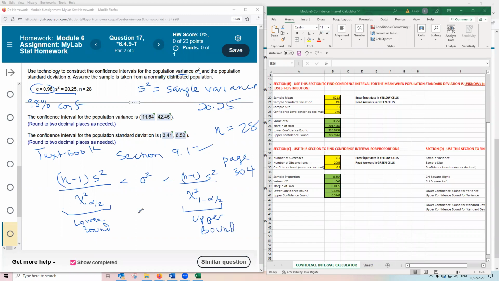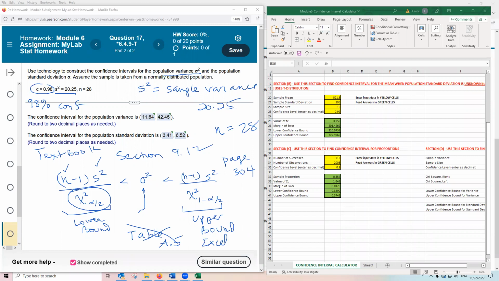And of course, the sigma squared in the middle is the unknown population variance. N is the sample size, S squared is the sample variance. And these are the chi-squared cutoffs that you can either use a lookup table. So you can either use table 8.5 in the back of the textbook, or better, use Excel.